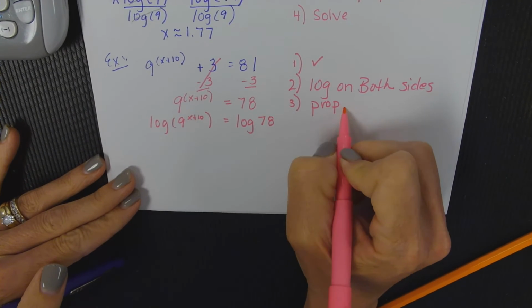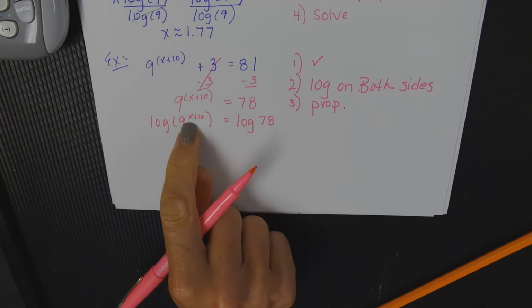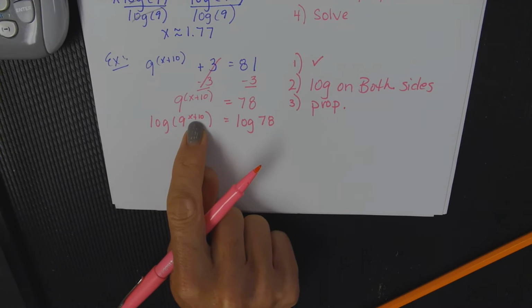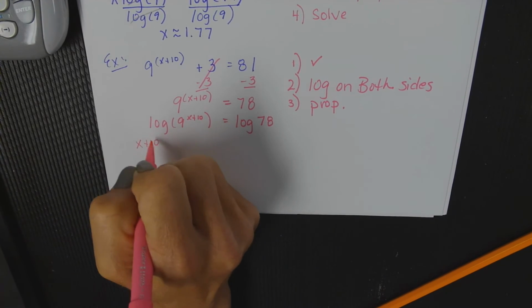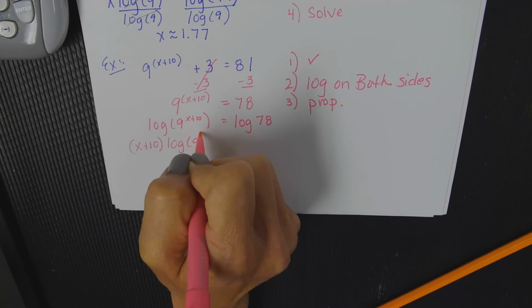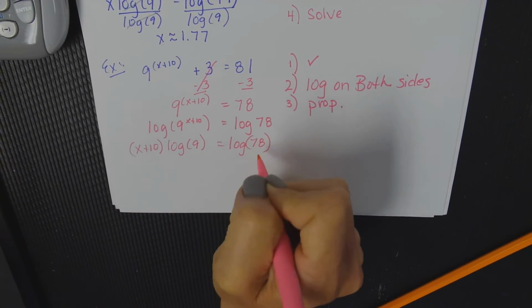Let's use our properties. This exponent, where does it go, Cameron? Just like it did before. It goes in front. X plus 10, I'm going to keep it together, times log 9 equals log of 78.